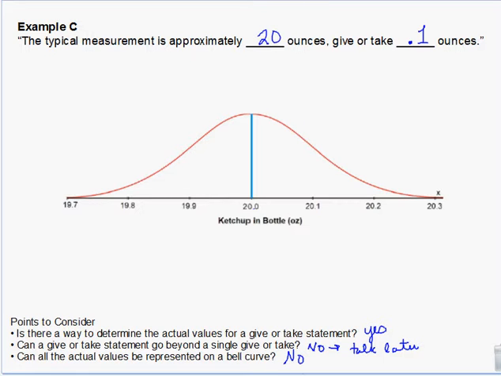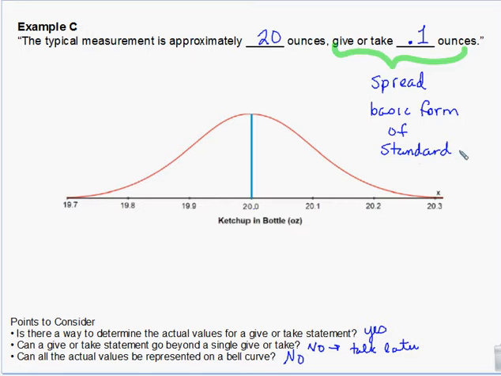Now the give or take is a description of the spread. It's telling us how far the data is spreading away from that average. So give or take is the most basic form of a standard deviation. Standard deviation is a measurement of the spread of the data.